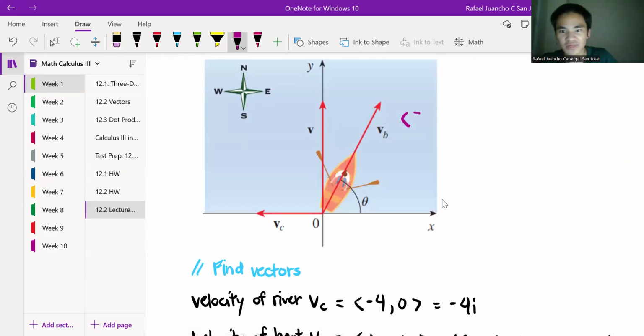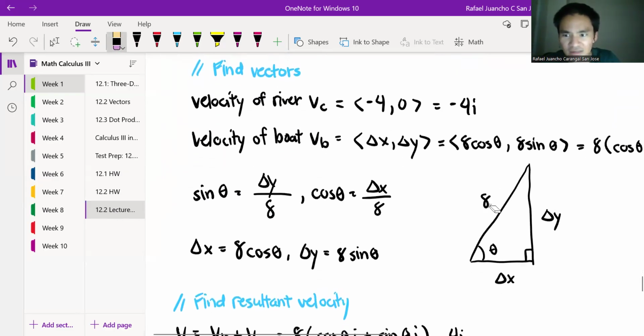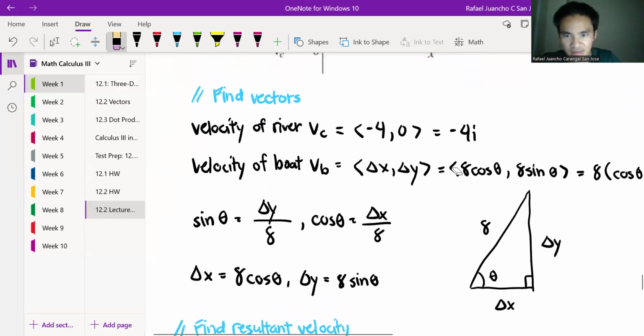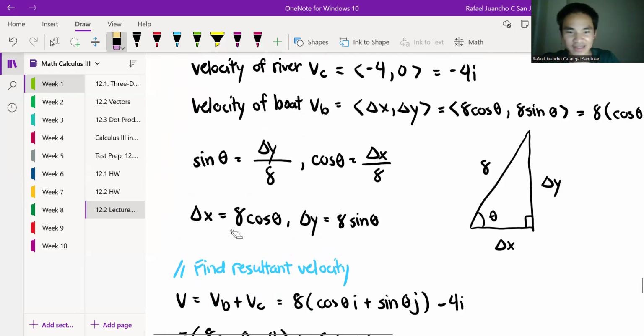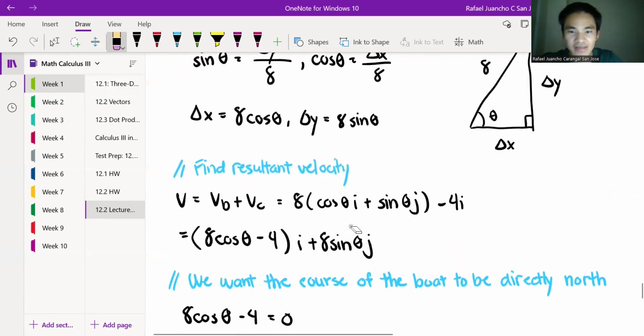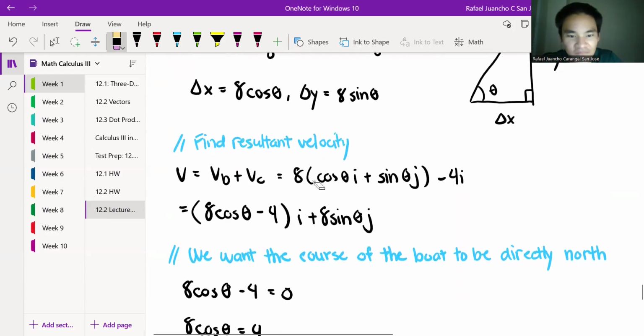So this is probably 8, 1, which is exactly what I did here. But then you need to take into account the cosines and the sines because you need the angle. So you get 8 cosine theta and 8 sine theta. So it's not just 8 and 1.